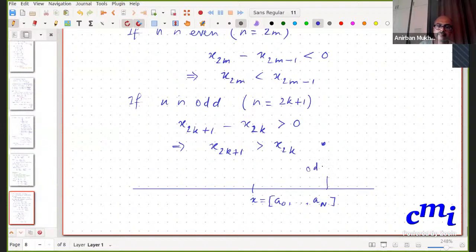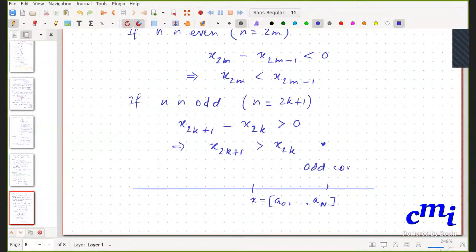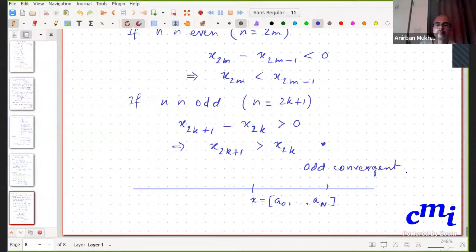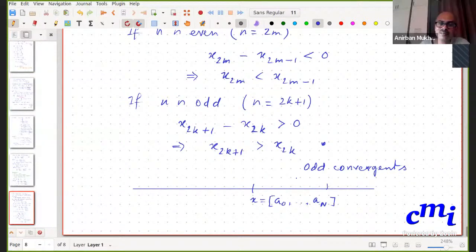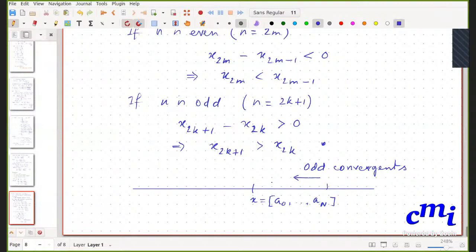So odds are on this side. Let me just write odd convergents. So odd convergents are decreasing.